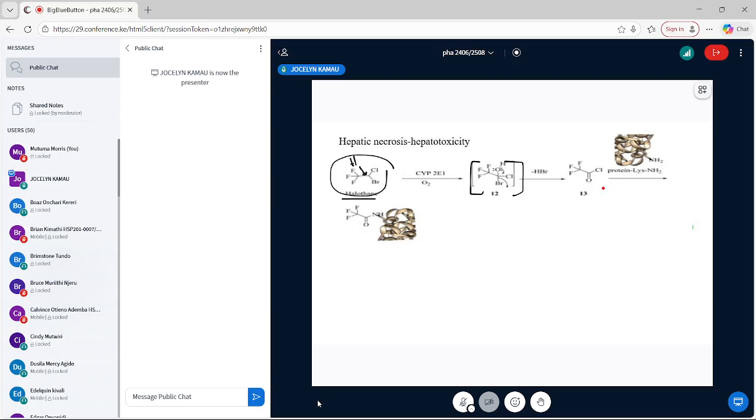So this is now the compound you get, the trifluoroacetyl chloride. And this can also react with water to give us trifluoroacetic acid.